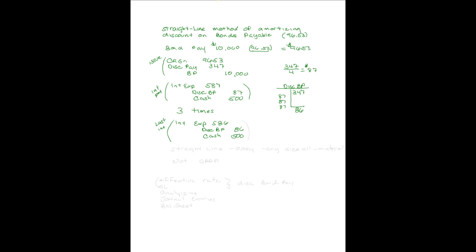So you amortize straight line, take it evenly out of the discount account. And again, the appeal to straight line is you don't need the amortization schedule, and it's flippin' easy. But if it's any size at all, the difference would be material, and so it is not generally accepted accounting principles.